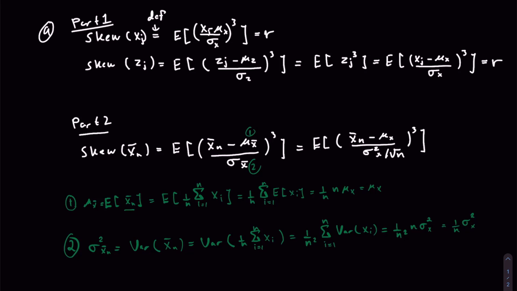We could obviously just try to unpack this whole thing here, but we'll leave it at this, because we'll see that the skewness of the standardized version will be just this term here. So we don't have to actually show what it is, we just show that the terms are equal.